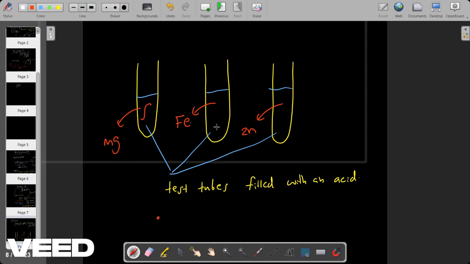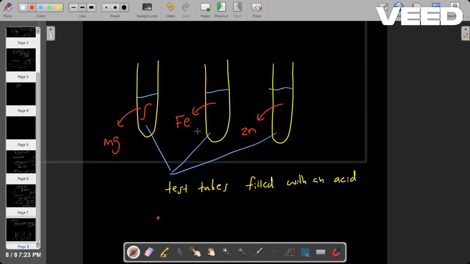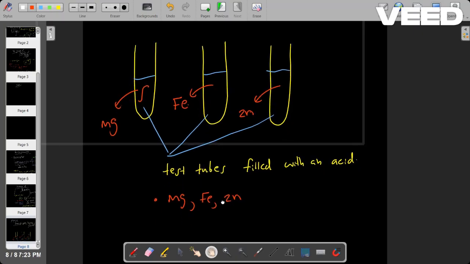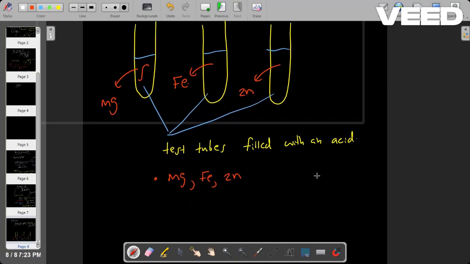Magnesium, iron, and zinc metal strips of similar weight, the same weight, are placed inside.